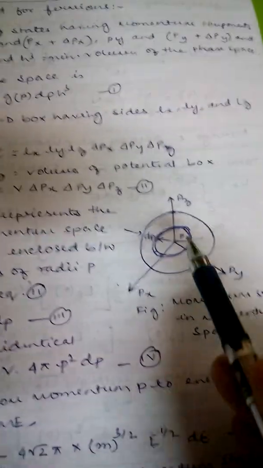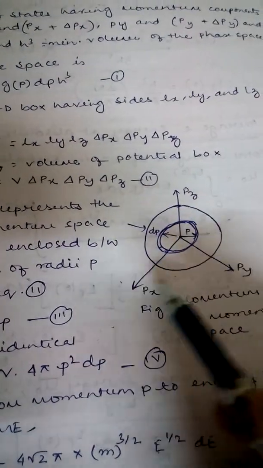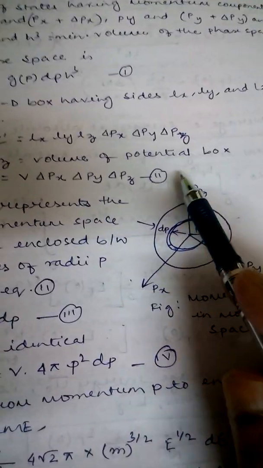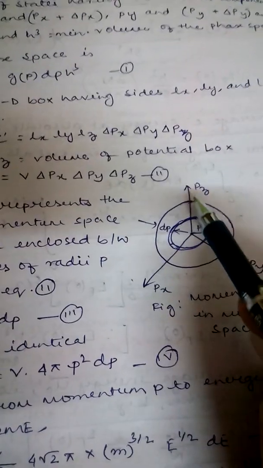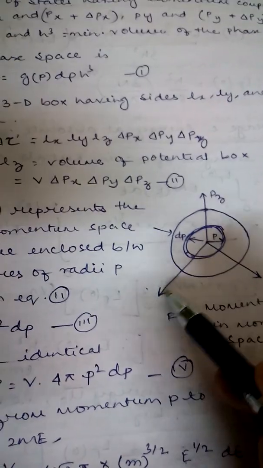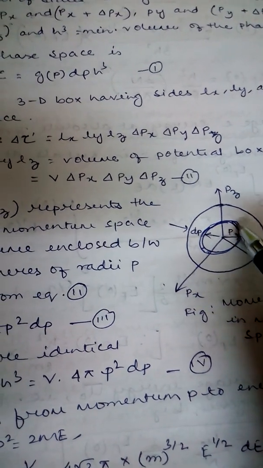In this regard, we may consider three-dimensional momenta space. This is Px, this is Py, this is Pz, just like x, y, z. If we consider x, y, z, just consider 12th standard physics. This is x, this is y, this is z. We consider a sphere, and let r be the radius of the sphere.